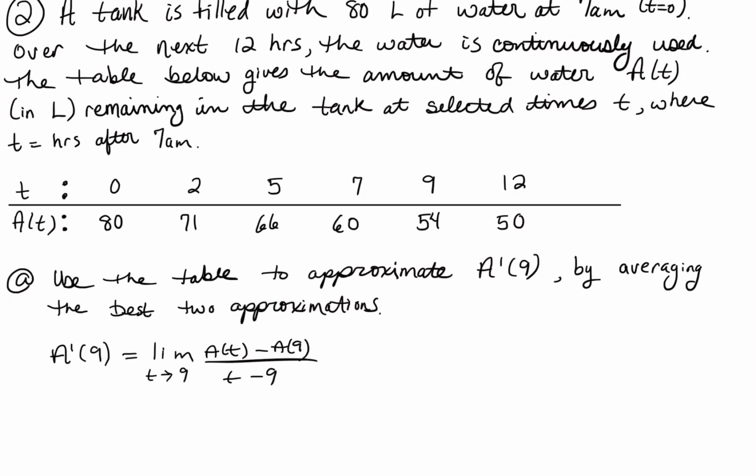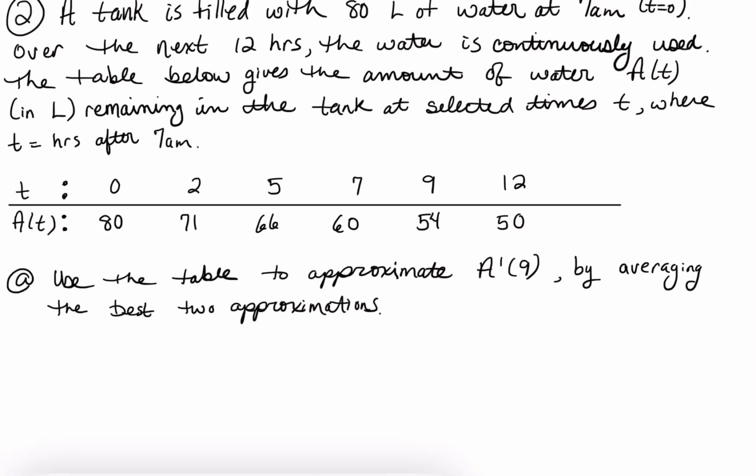That's our definition of the derivative, or in this case, the rate of change at 9. But the problem is I don't have an A of t function, and this is how life tends to work a lot more often when it comes to data. So I don't have that kind of information here.